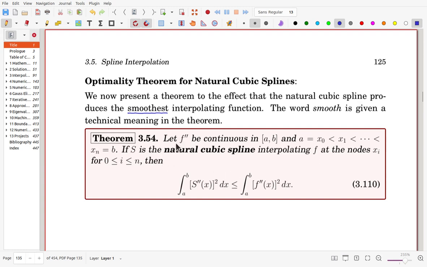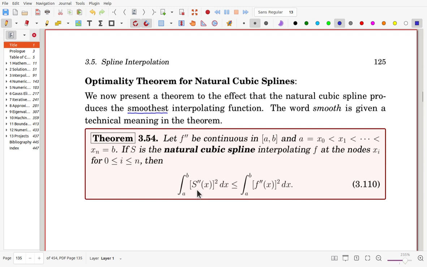Let f double prime be continuous on the interval, and we have a partition, and over the partition S is the natural cubic spline interpolating the function f. Then the integral of the second derivative squared of S is bounded by the same operation for f.